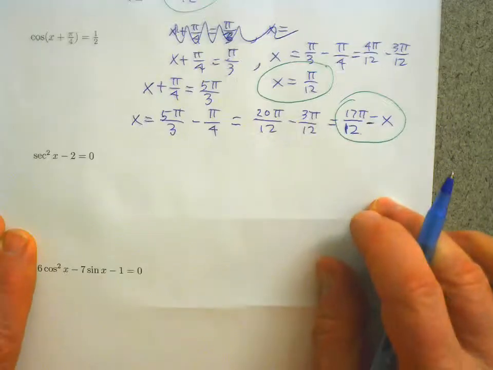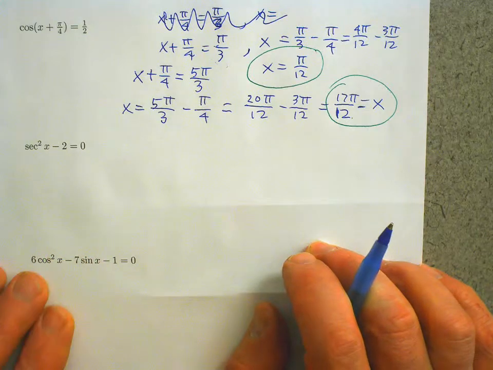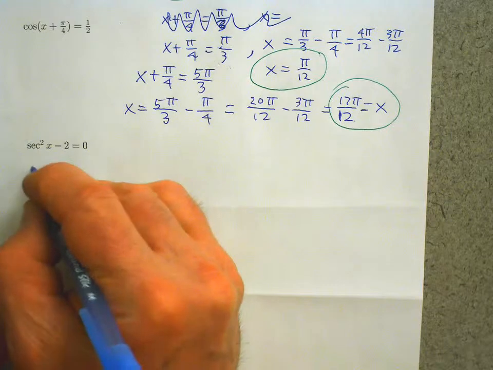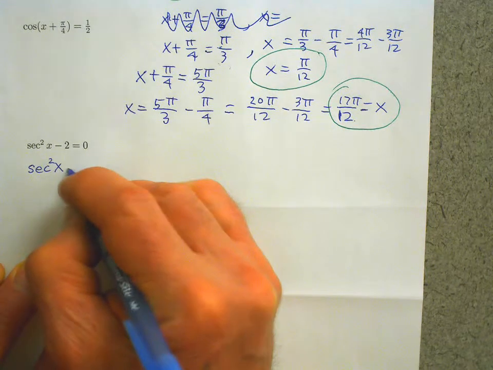Okay, the next equation, secant of x squared minus 2 equals 0. Well, we can write this as secant of x squared equals 2.